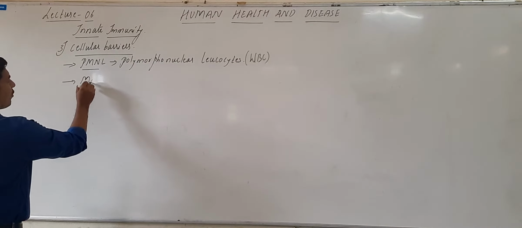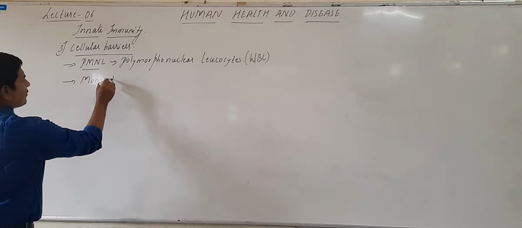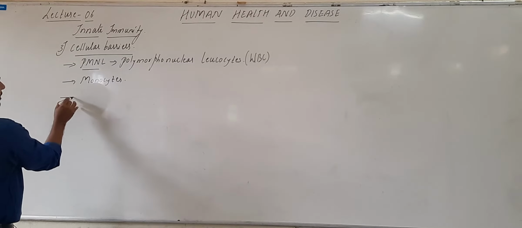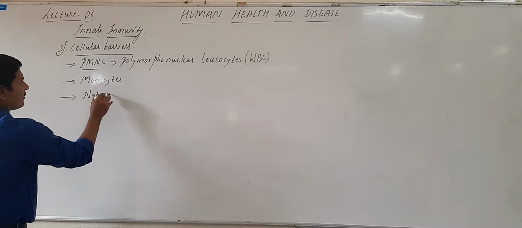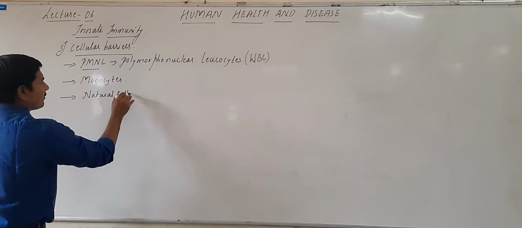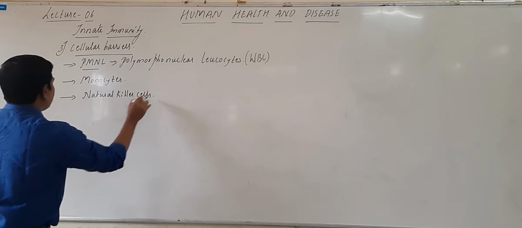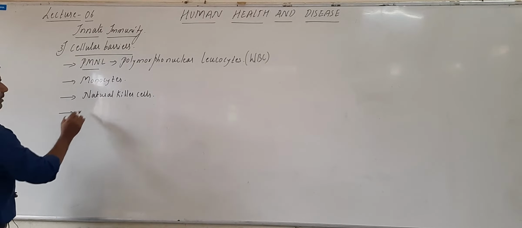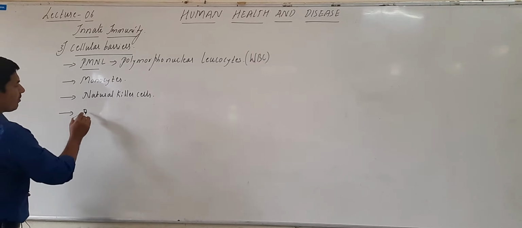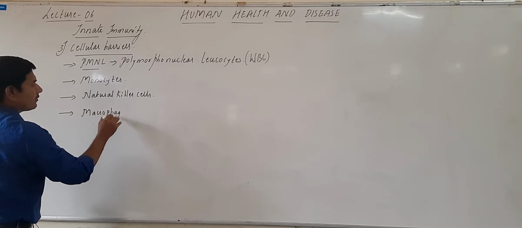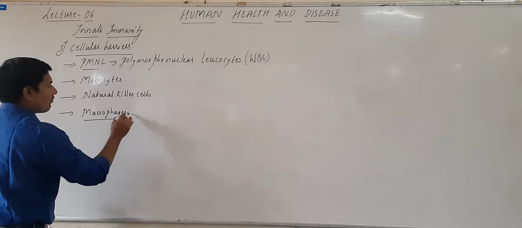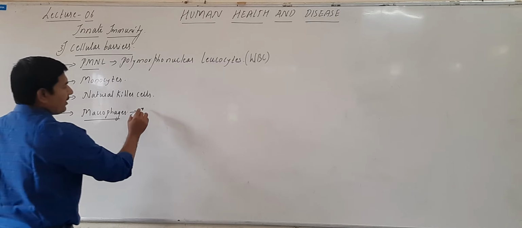Other cells are monocytes. Then another type of cell is natural killer cells. And one more type is macrophage. These macrophages are present in the tissues.